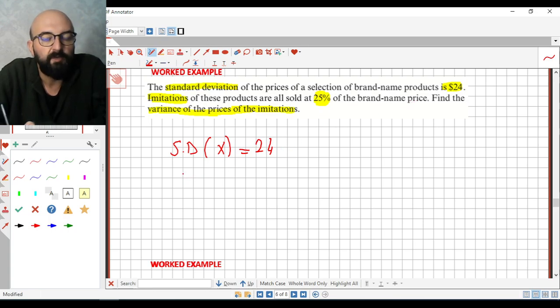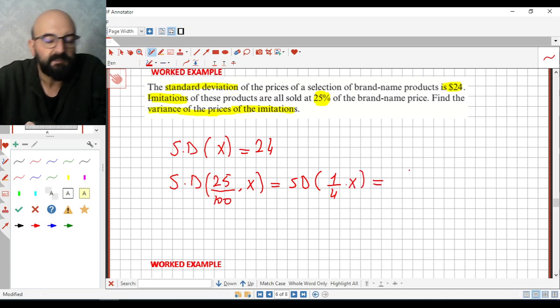So we can say the standard deviation is 25 over 100 multiplied by x, so the standard deviation of 1 over 4 x.